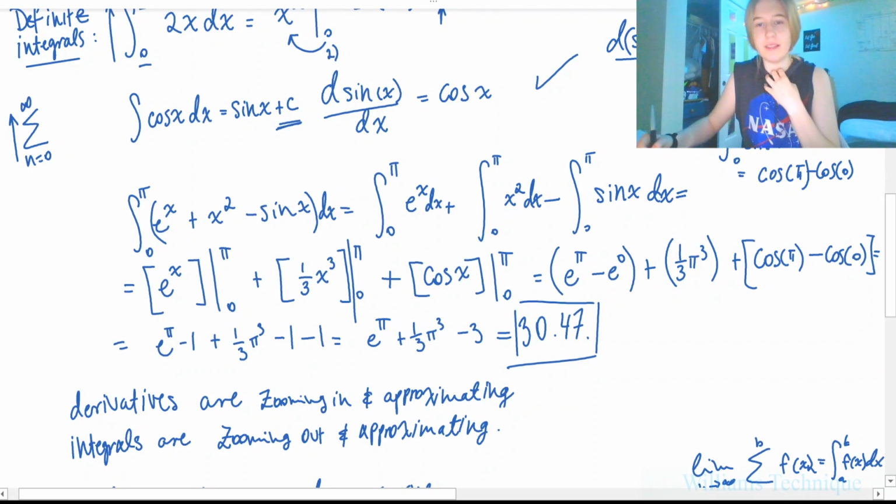And then the next one is 1/3 x cubed, because if we take the derivative of 1/3 x cubed, we would get x squared. The 3 comes down, 3 minus 1 is 2, so that's just x squared.